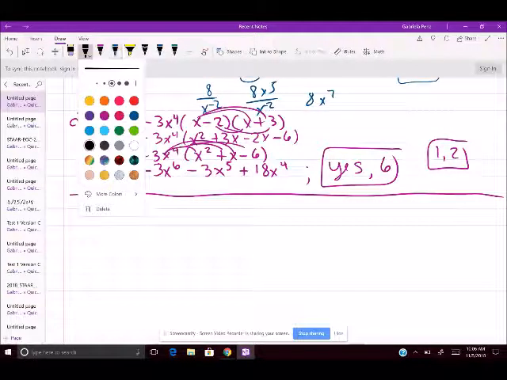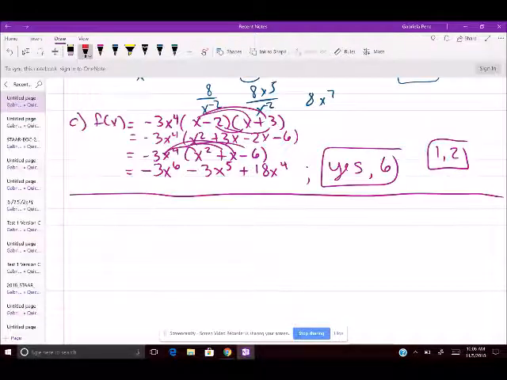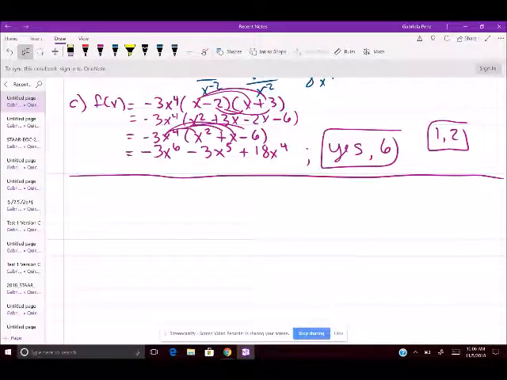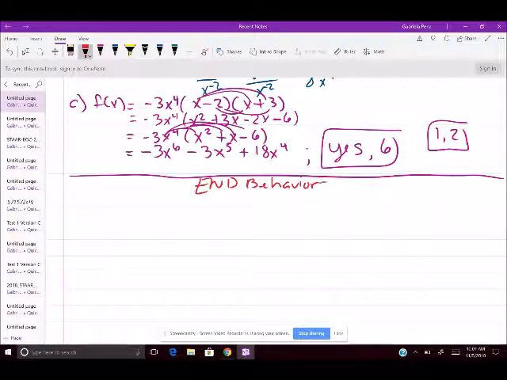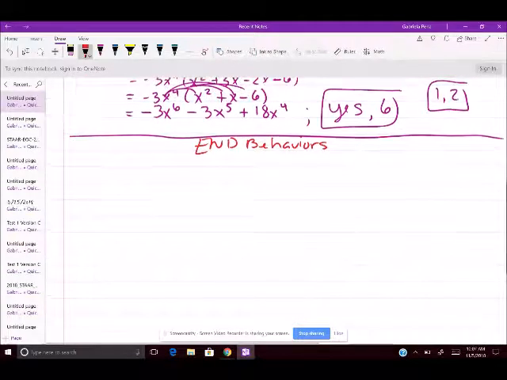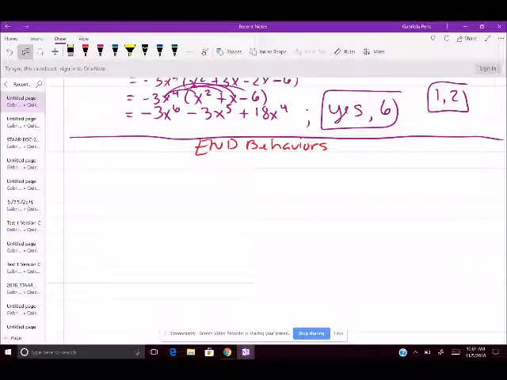Alrighty. The next part is notes. Some little things you need to know. We're going to be talking about end behaviors. So questions 3 and 4 deal with understanding the end behaviors of polynomials.